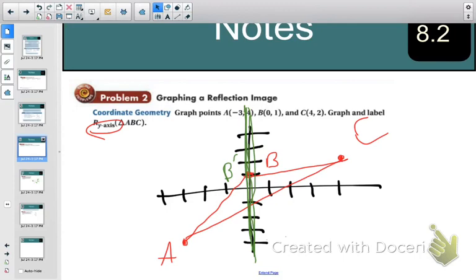So I'll go over 1, 2, 3 more. So this is going to be A prime here. And then C is going to go back 1, 2, 3, 4. 1, 2, 3, 4. So this will be C prime here. And then we can connect those. I should probably use a different color. That would be the reflected image.